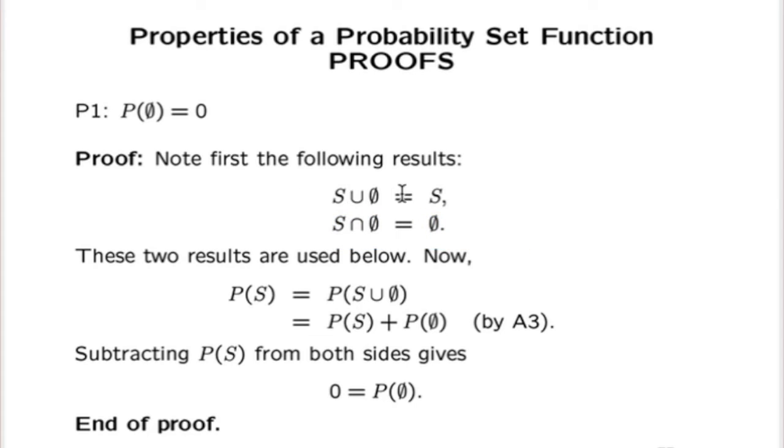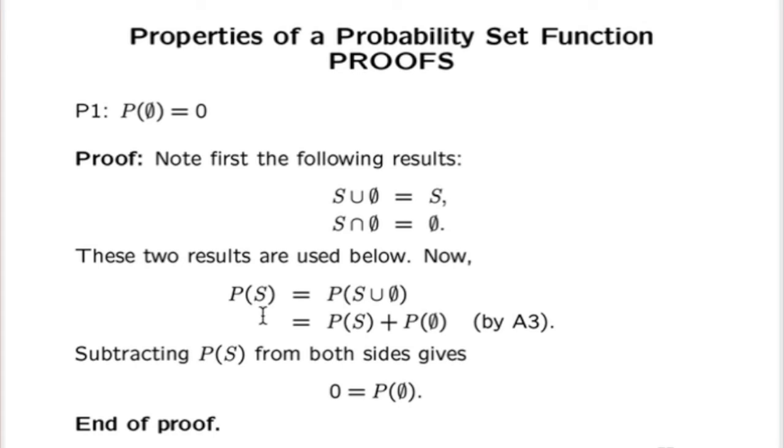So we've got these two relationships: S is equal to S union the empty set, and the empty set is equal to S intersect the empty set. We use these two results below.